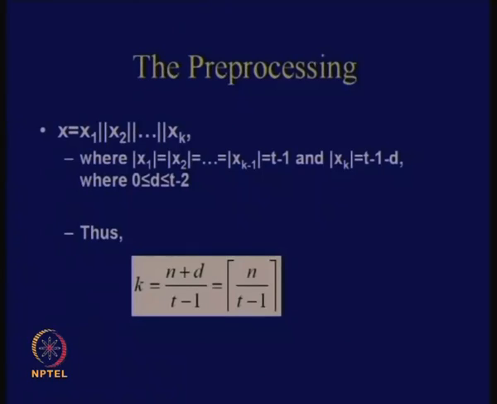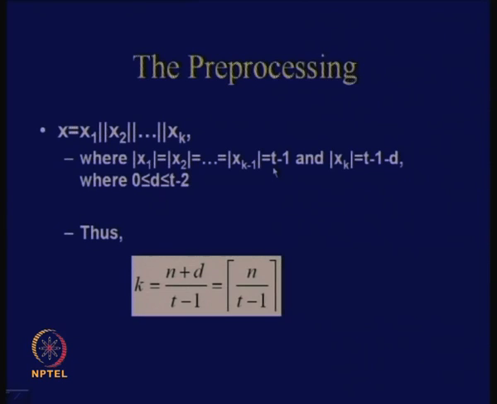So now let's go through the steps of the construction before going into the proof. You see that x is again taken as a k block value like x1, x2 and so on. In this case, the size of each block is actually equal to t minus 1. So it's not t as we saw in the general overview of the construction. Okay.